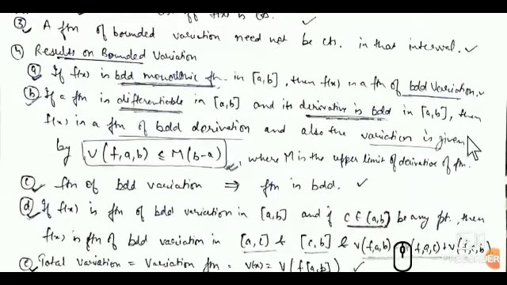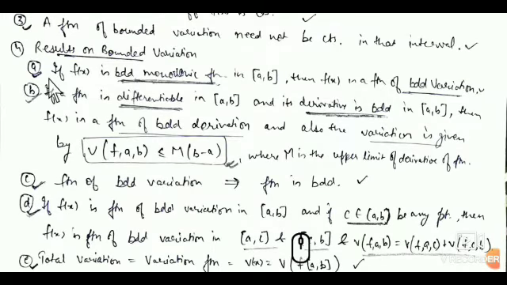Now results on bounded variation. First of all, if f(x) is a bounded monotonic function in closed interval [a, b], then f(x) is a function of bounded variation.